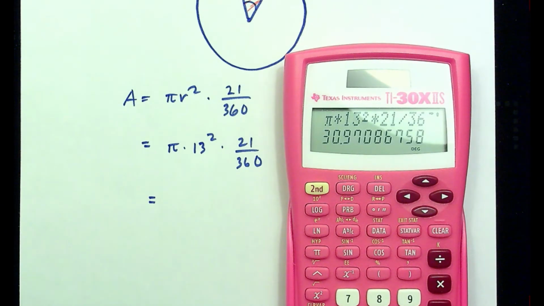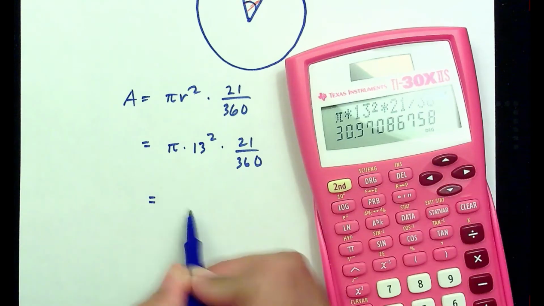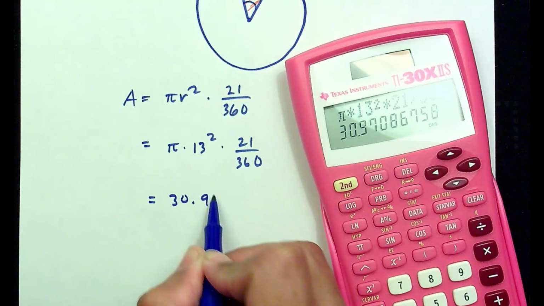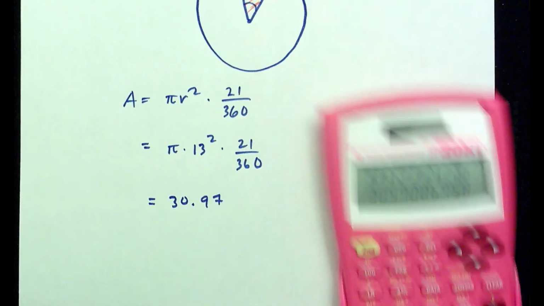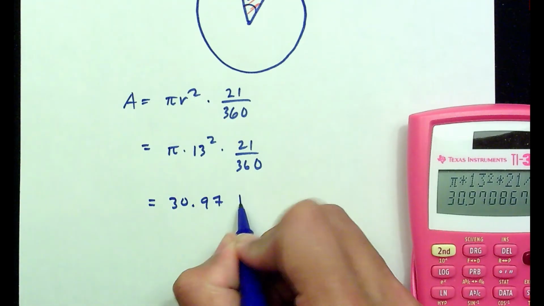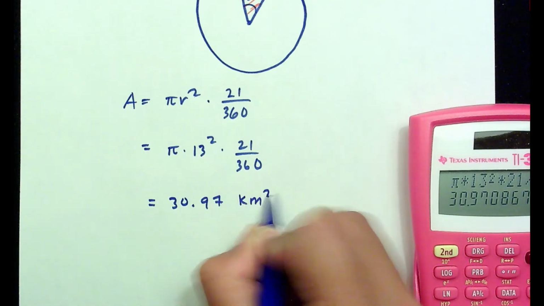We got 30.97. The instructions say round to 2 decimal places, so 30.97. This is area, so this is square kilometers.